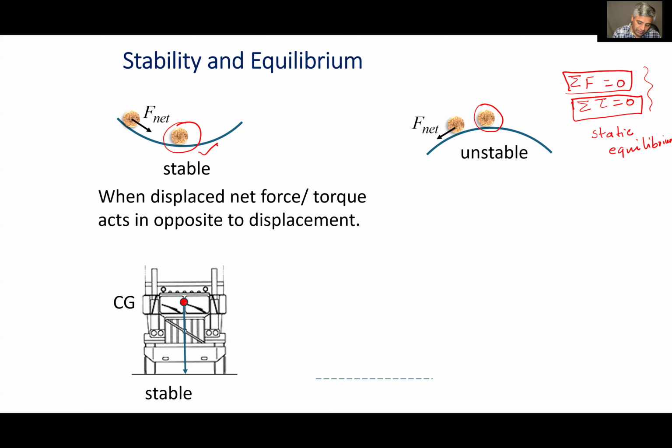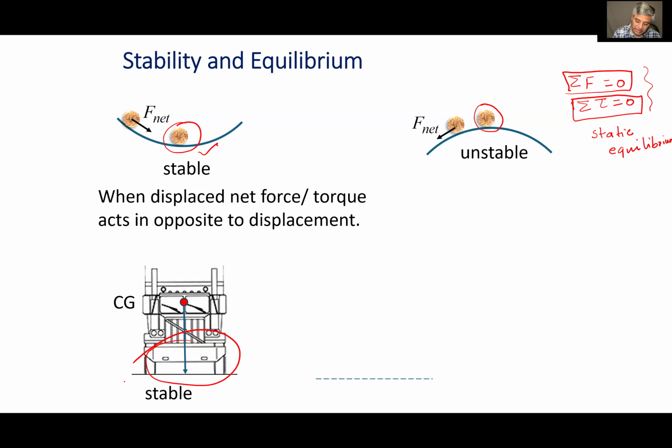So now the line passing through that is what we call weight. Okay. So if the weight of that object is passing through, within the large base, then the object is in equilibrium. But if the center of mass or center of gravity gets out of that base, then what happens?